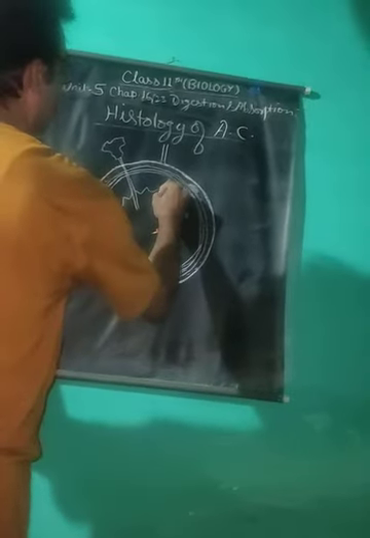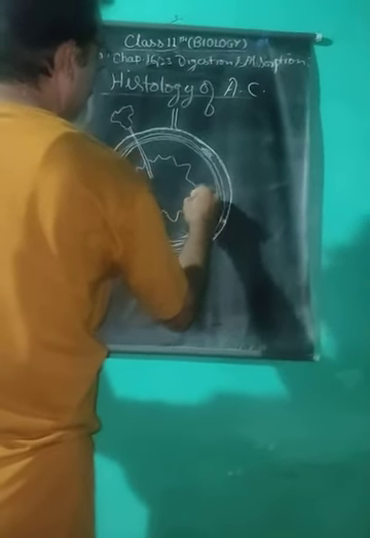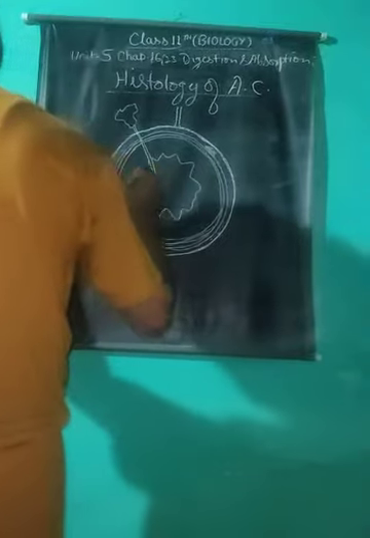The innermost layer of the alimentary canal is mucosa, which is again formed of 3 layers.